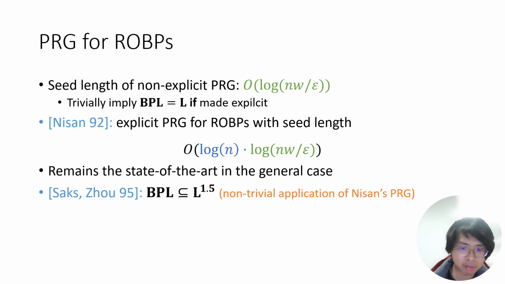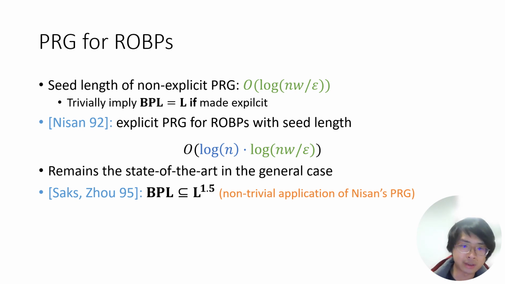An elegant result by Nisan in the 90s showed that there is an explicit PRG for read-once branching programs that has seed length O(log n times log(nW/epsilon)), which is only a log n factor away from the non-explicit PRG. By the way, n means the length of the read-once branching program, W is the width, and epsilon is the error. Throughout this talk, we will keep this convention of parameters.